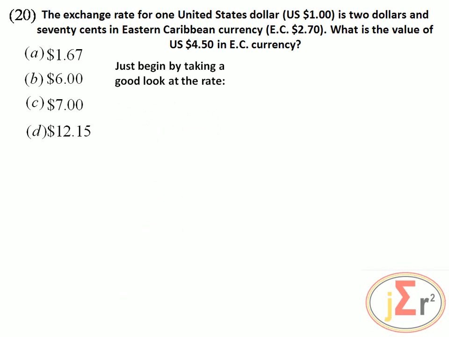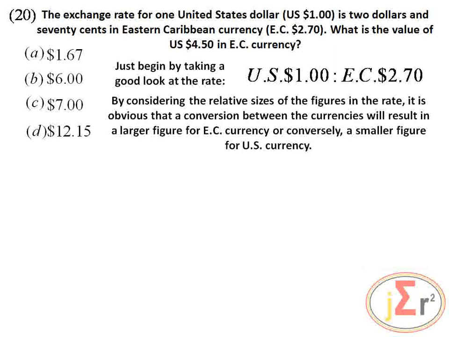Just begin by taking a good look at the rate, and what do we know? On the US we have $1. On the EC we have $2.70. By considering the relative sizes of the figures in the rate, it is obvious that a conversion between the currencies will result in a larger figure for EC currency, or conversely a smaller figure for US currency.